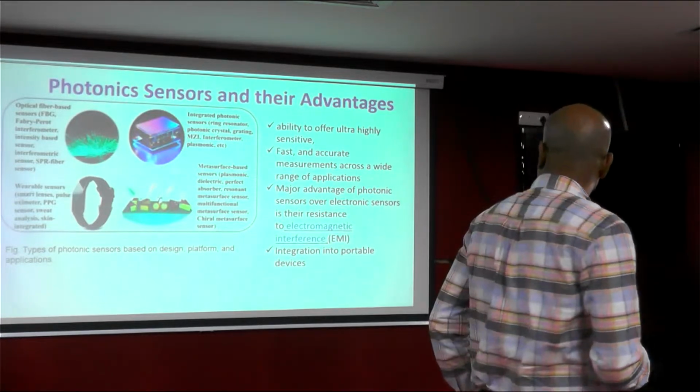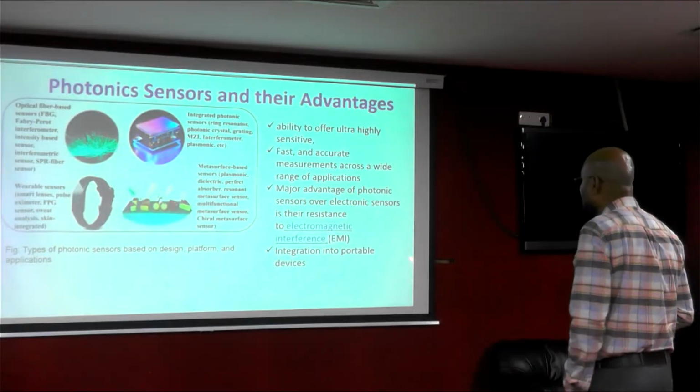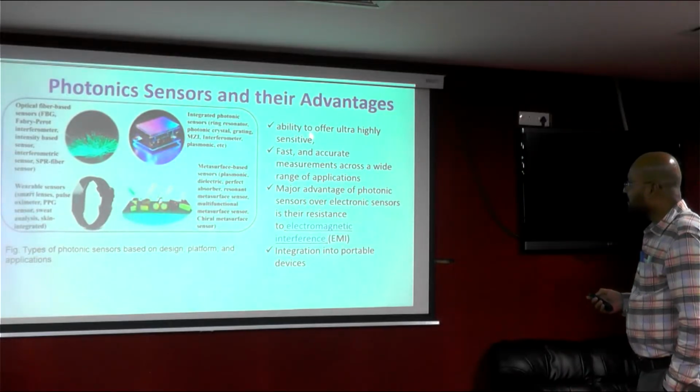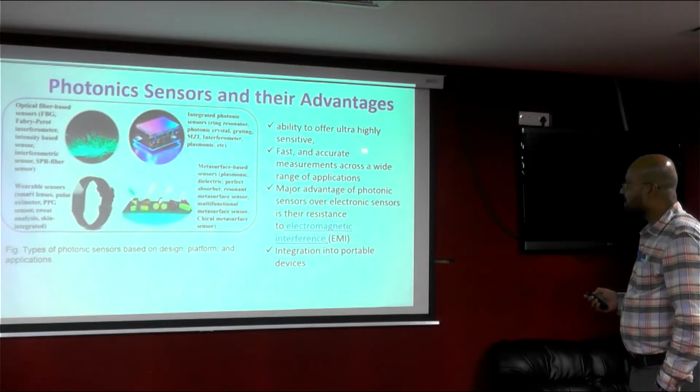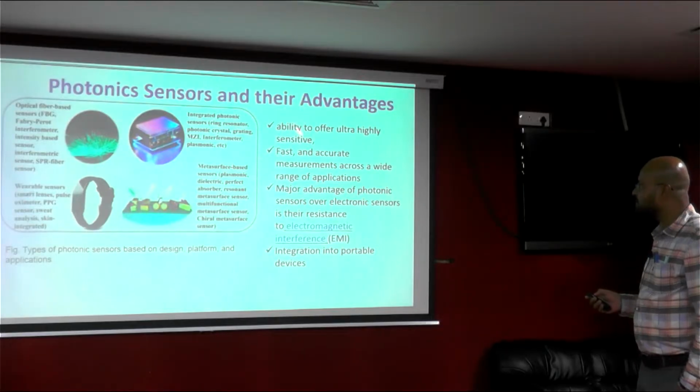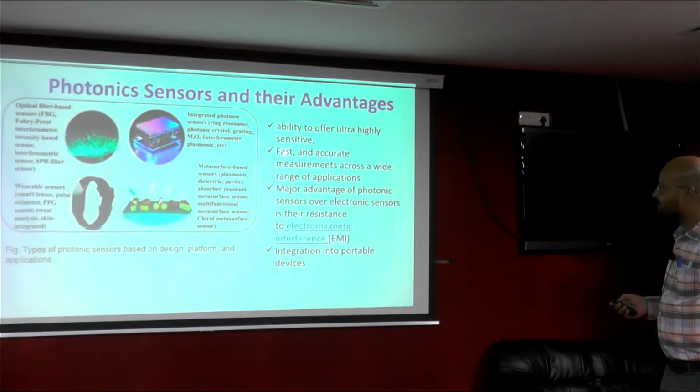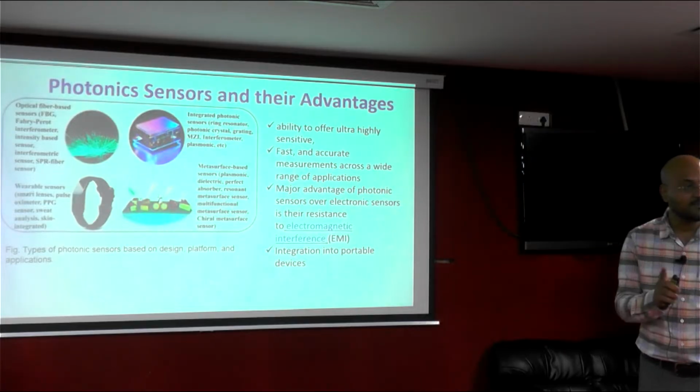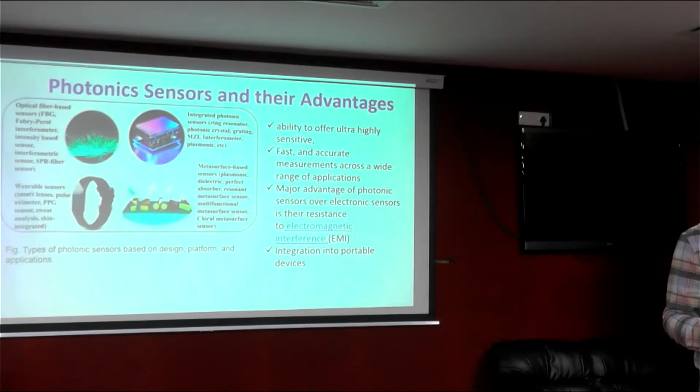And I have mentioned here the ability of this photonic sensor is high sensitivity. You remember these terms: highly sensitive, fast and accurate measurement across a wide range of applications. This is not limited to kidney diseases. Any kind of disease, or any kind of application, photonic sensor is equally applicable.